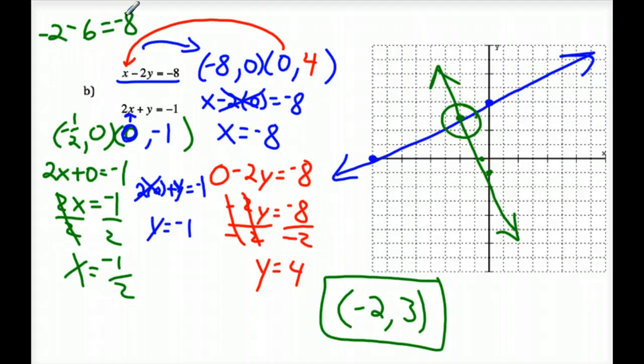Putting the -2 in for the x, 3 in for y, 2 times 3 is 6, so -2 minus 6 equals -8. It checks there. Plug it into the other one. -4 plus 3 should equal -1. And it does. So it checks into both of them. That's the solution to this system. But they're in standard form, guys. There's a lot of work.